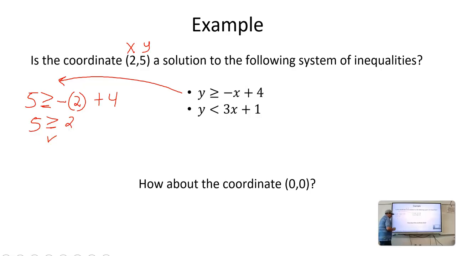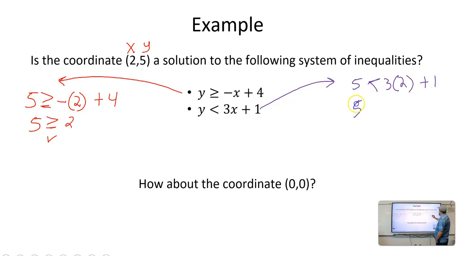So that's good. Now let's see if it's true for this one. So y, which is 5, is less than 3 times x, which is 2, plus 1. Okay, is 5 less than 3 times 2 is 6, 6 plus 1? Is 5 less than 7? Yes, it is. So 2, 5 does work.